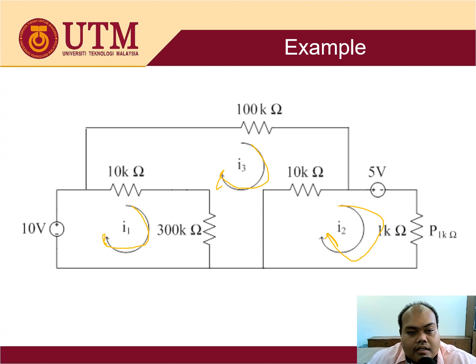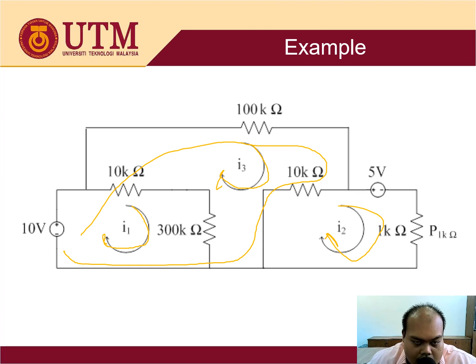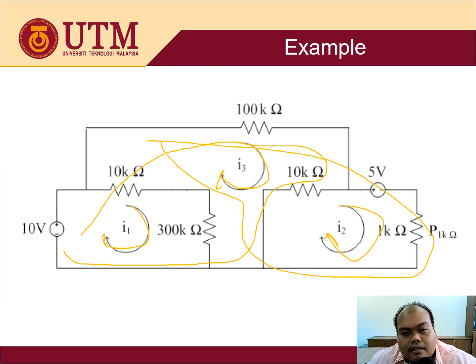You can see 1, 2, 3, then 4, and then this one is 5. There will be 5 loops. This one and this one cannot be combined. So there are 5 loops in total.